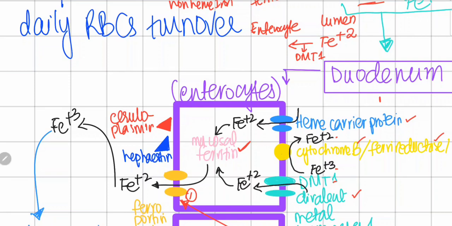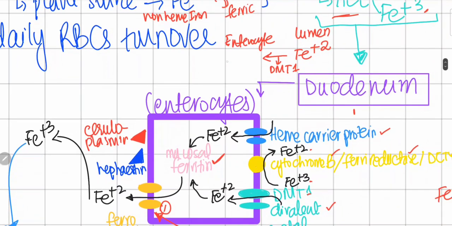That's more important to remember, DMT1. And in the enterocyte, it is in form of ferritin, and then it will go to blood, Fe plus 2, and it is going to go via ferroportin 1. So this is important. This is the crux that you need to remember.